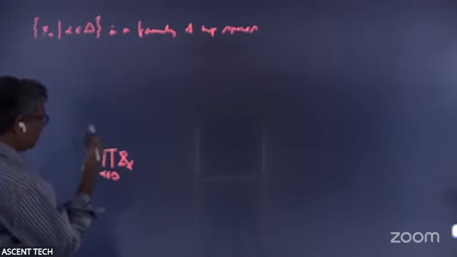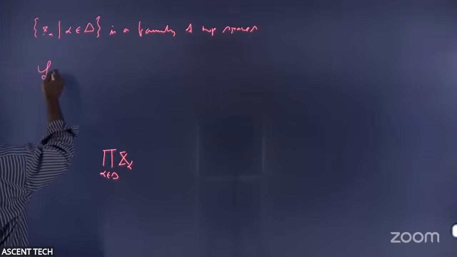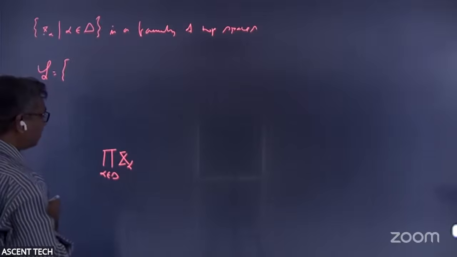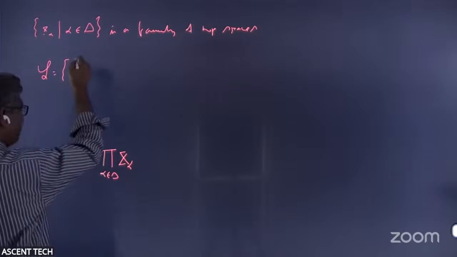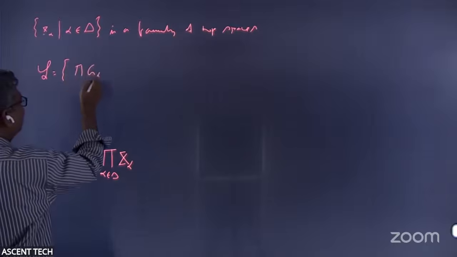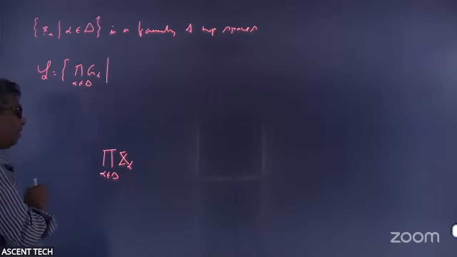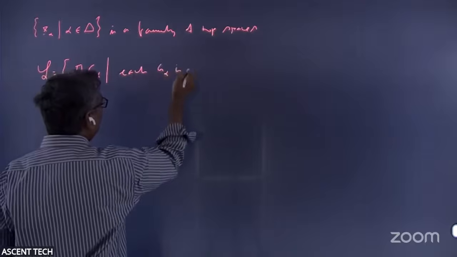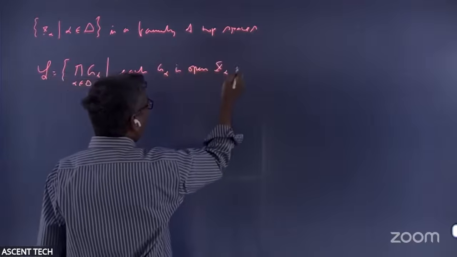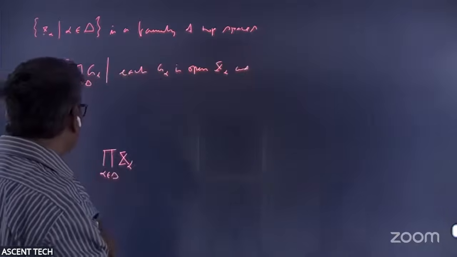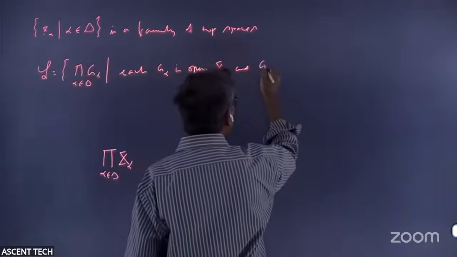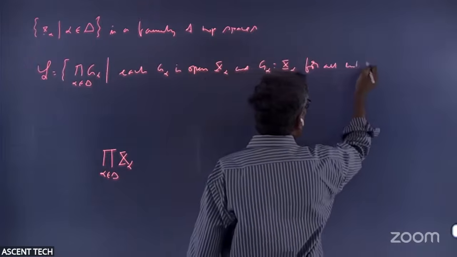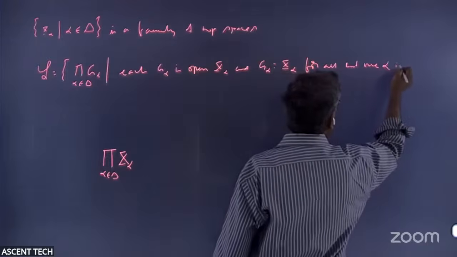We have a subbase, which is a collection consisting of all sets of the form product of G alpha, alpha in delta, where each G alpha is open in X alpha, and G alpha is X alpha for all but one alpha in delta.